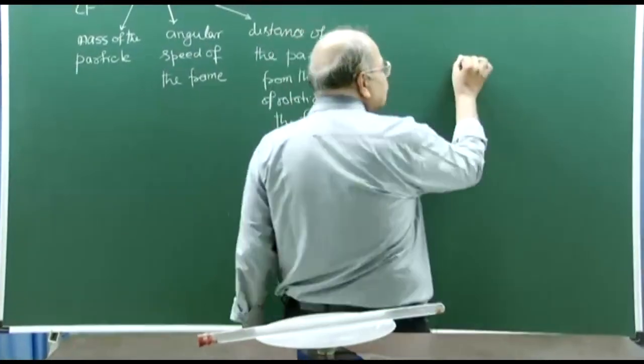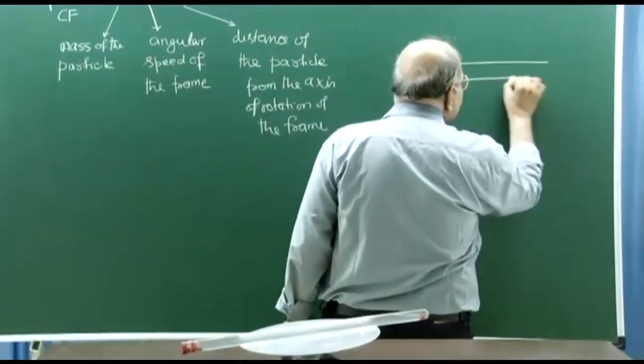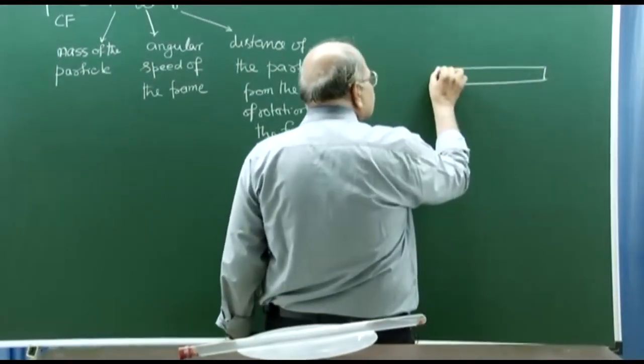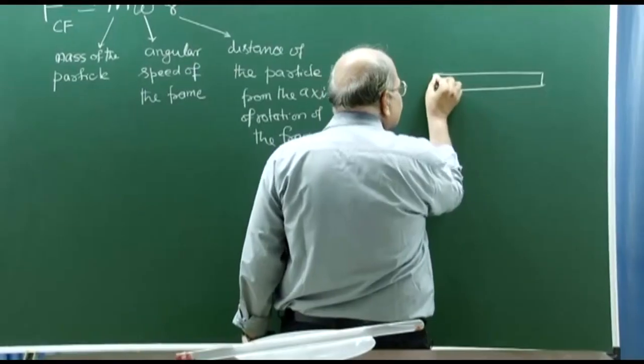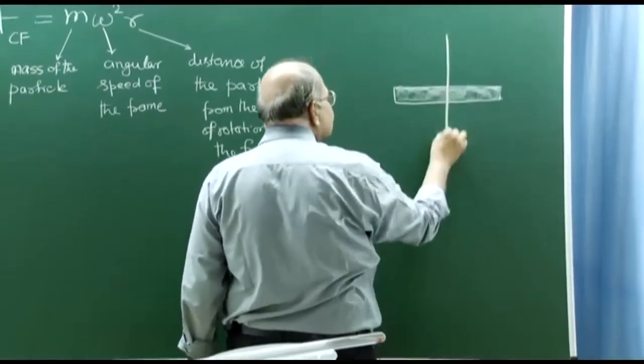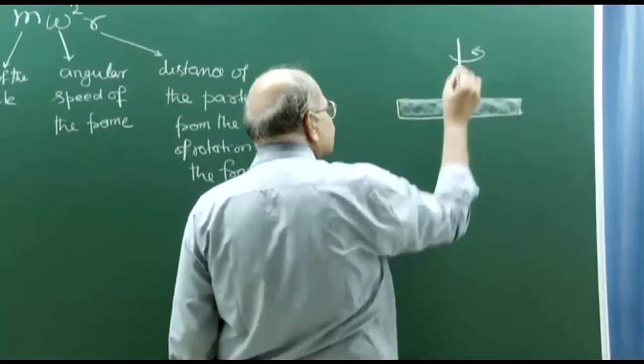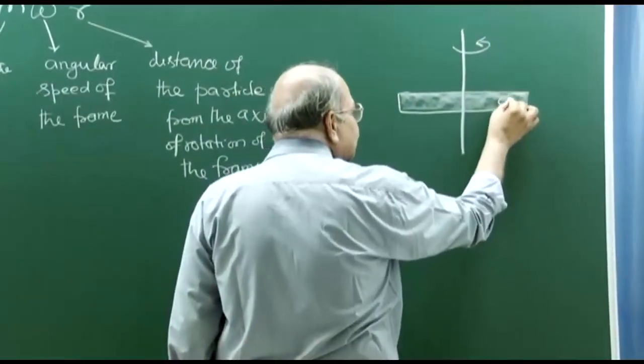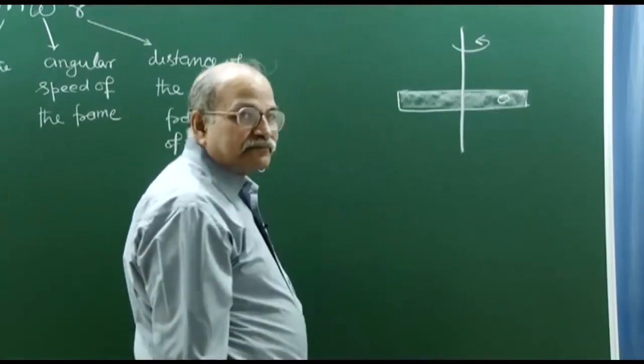Suppose you have a tube here which is closed at the two ends, it is completely filled with water, and then this is the axis and this is rotating like this, and I am thinking of say this portion of water.